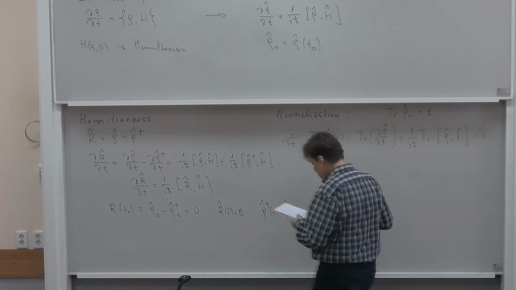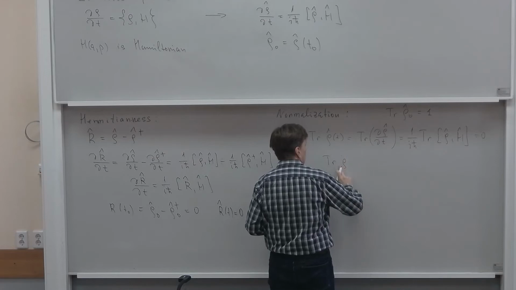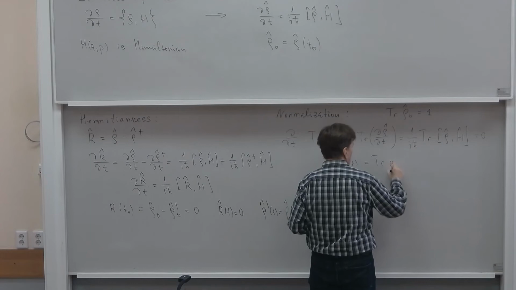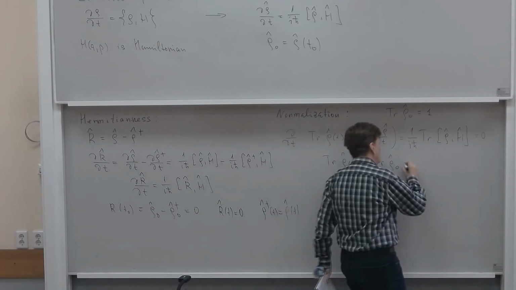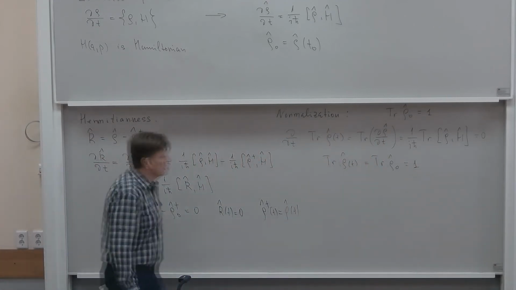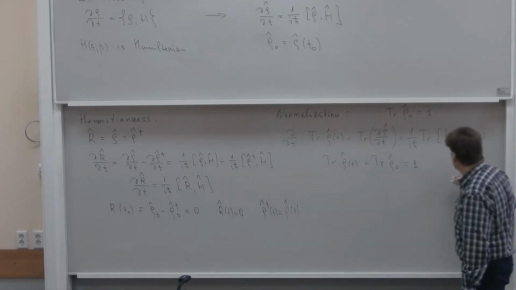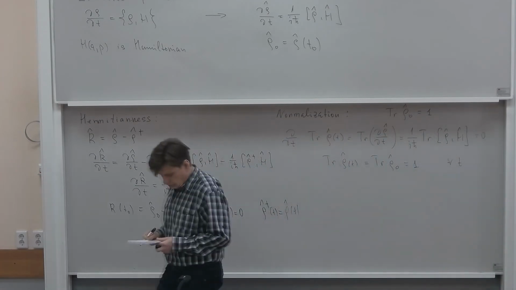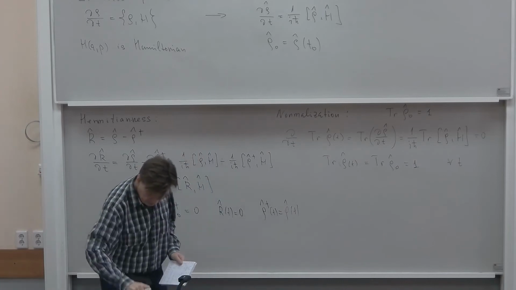So trace of rho of t is equal to trace of rho naught, which is equal to 1. And this gives us the normalization condition for all times. Questions?